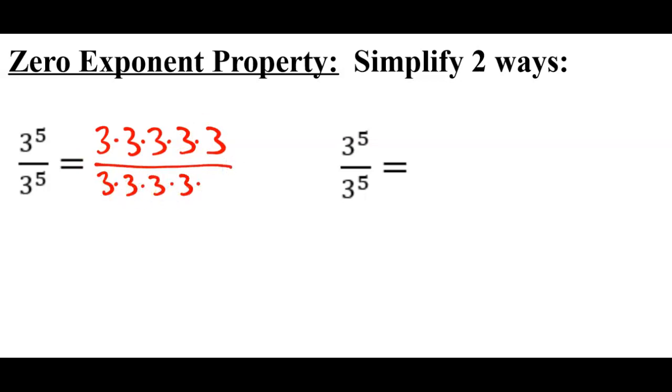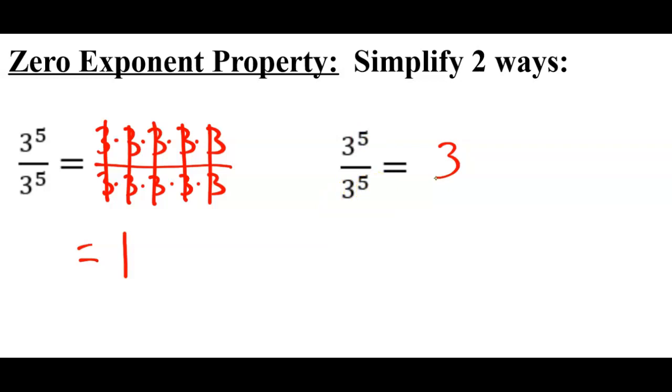What am I going to get? This will cancel, that'll cancel, that'll cancel, that'll cancel, that'll cancel. So this is equal to 1, right? So what if I apply my rule? My rule is that if I've a number to a power over a number to a power, I'm going to subtract those.